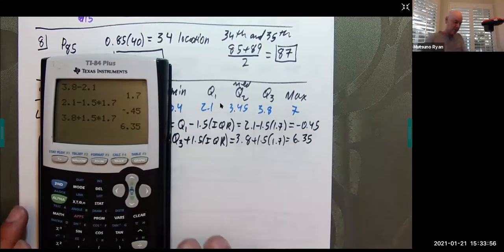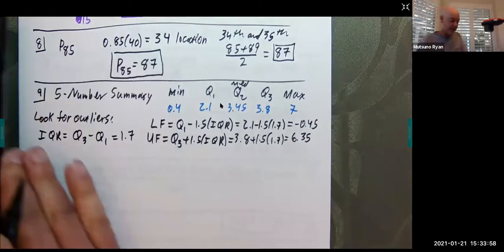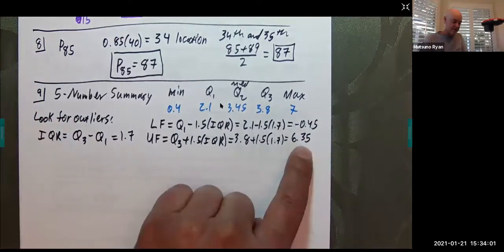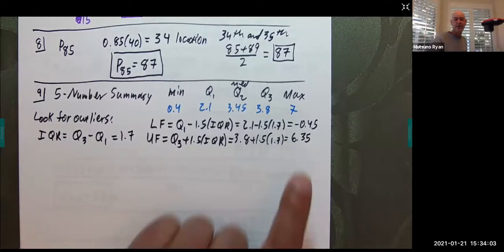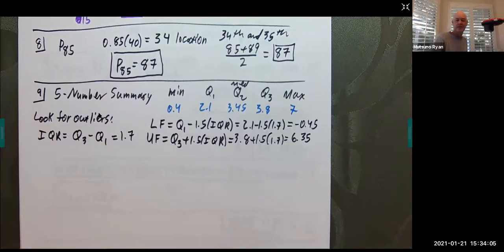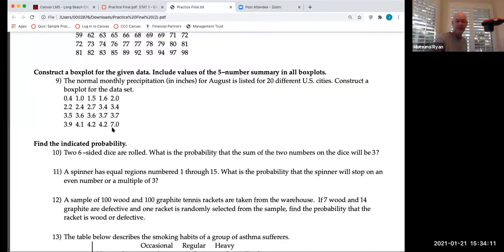So anything smaller than negative 0.45, which we don't have, anything bigger than 6.35. And when we go back to the data, we can see that we only have one value that's bigger than the 6.35, and that's the 7.0. So it is an outlier.